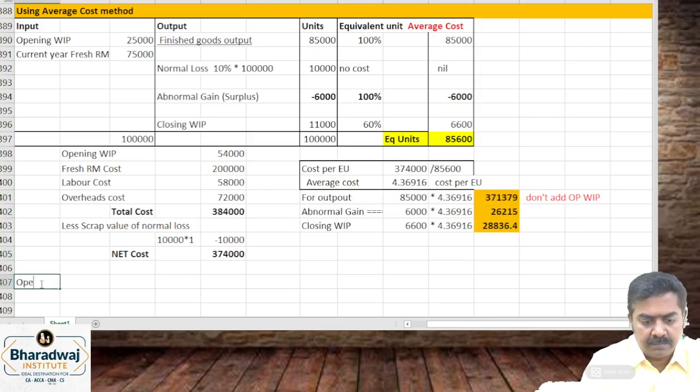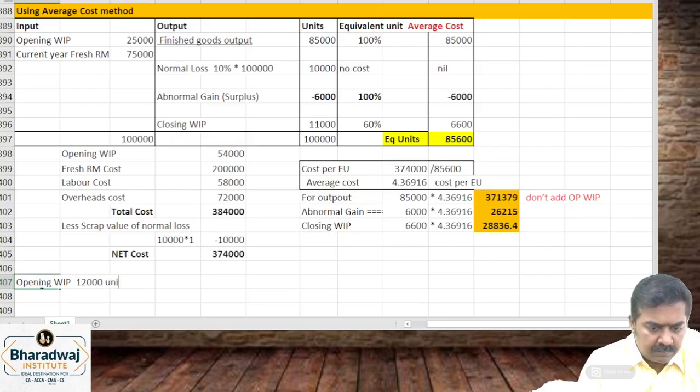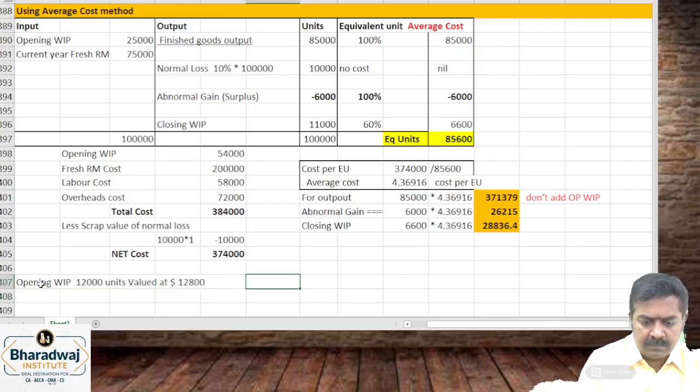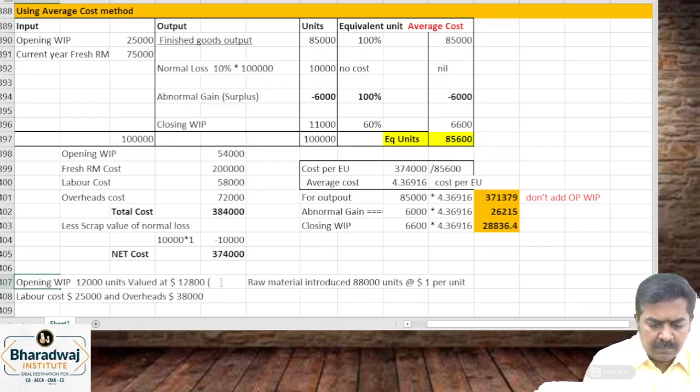Take up this. Opening WIP is 60% complete.